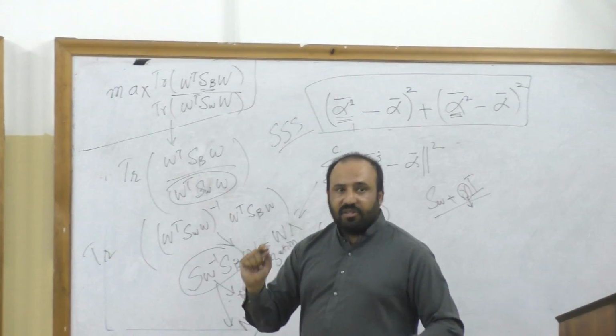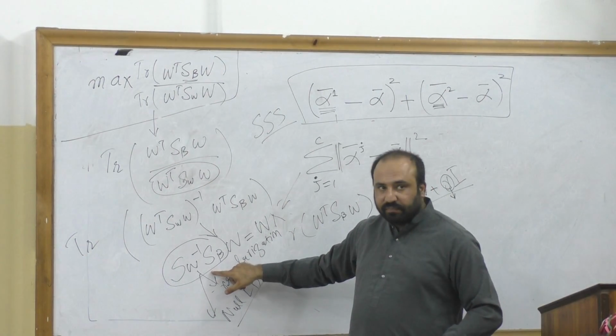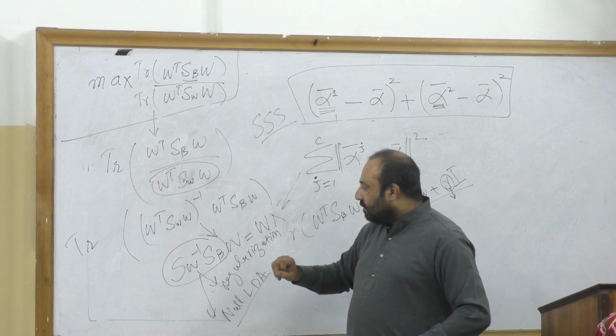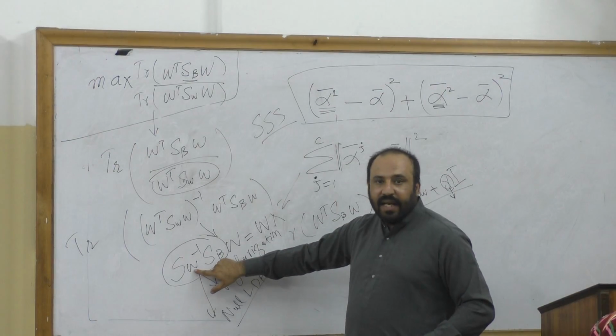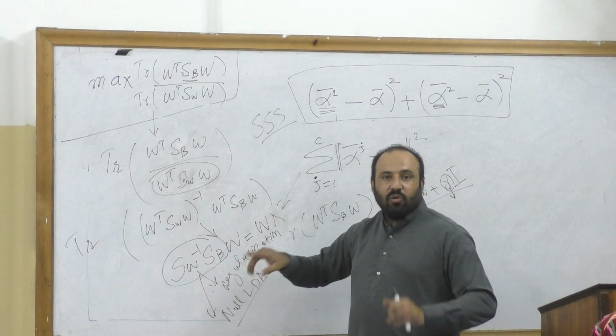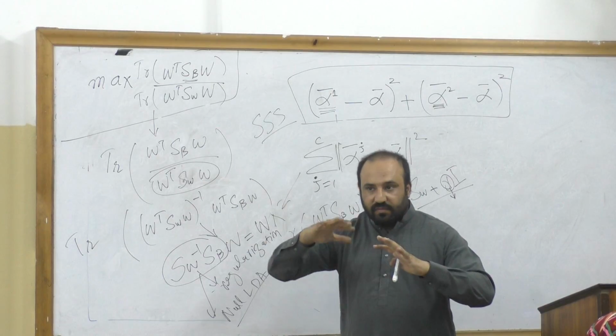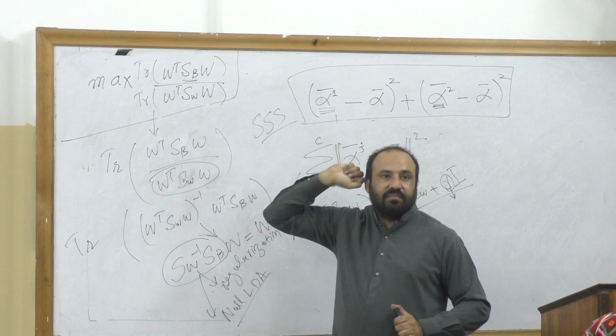But this is the precise argument. You come up with the vectors W that are in the null space of SW as well as in the row space of SB. And those vectors can be found in a closed form. And they maximize this criteria.